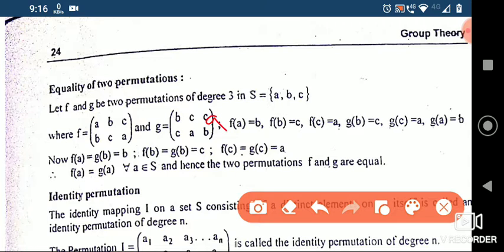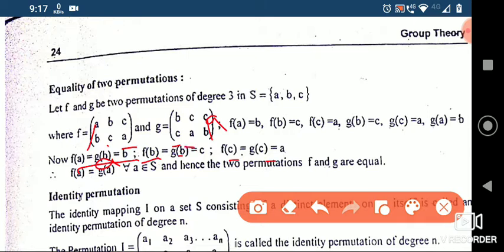Then we call these the same when f of a is equal to g of a. Here once again a mistake is there: f of a is equal to b and g of a is equal to b. f of b is equal to c and g of b is equal to c. f of c is equal to a and g of c is equal to a.